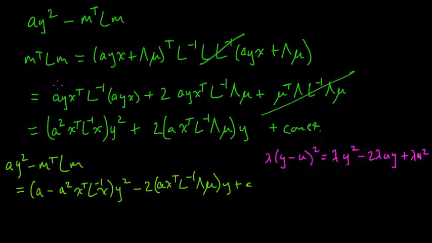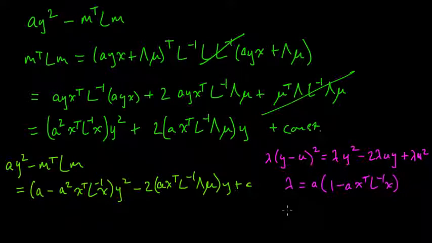So now we want to match it up, and what do we do? Let's see. We should take lambda equal to this part, a minus a squared x transpose, let's go ahead and pull out an a, a times 1 minus a x transpose L inverse x.